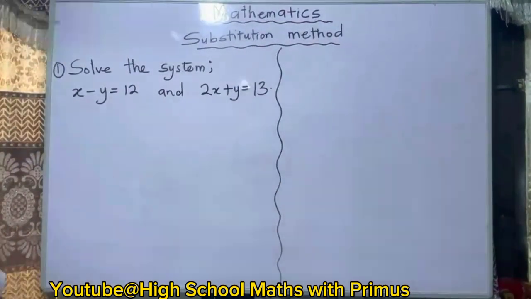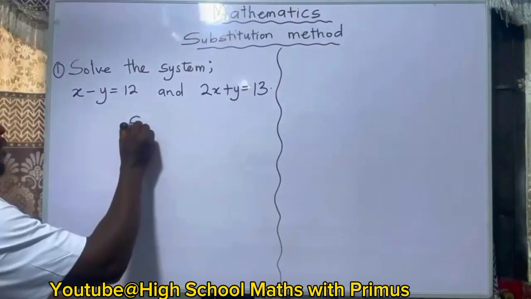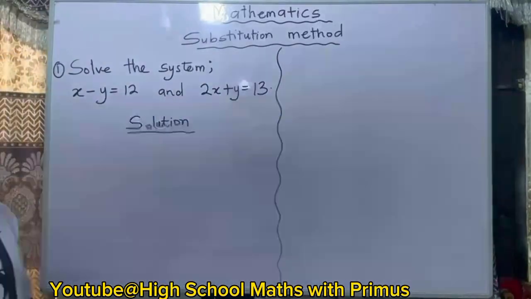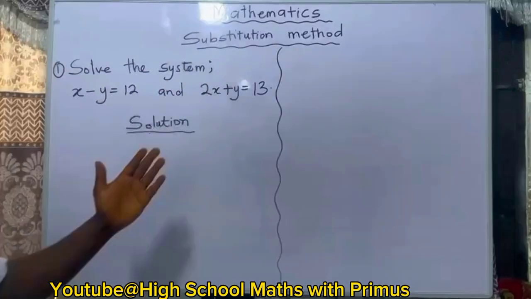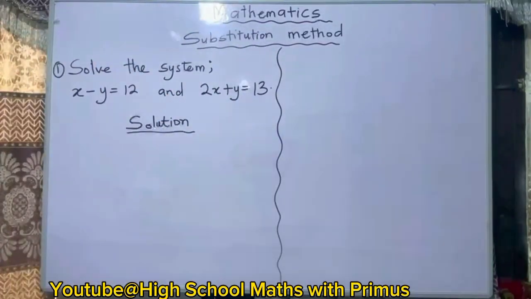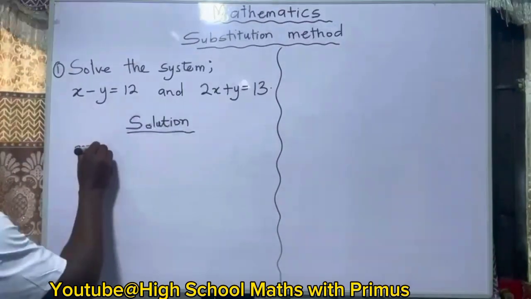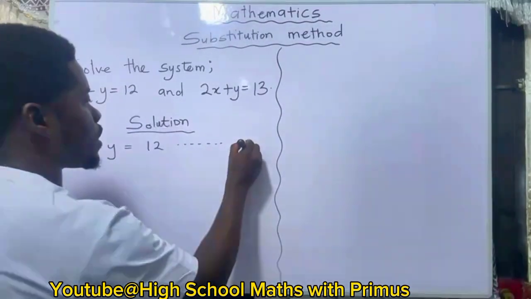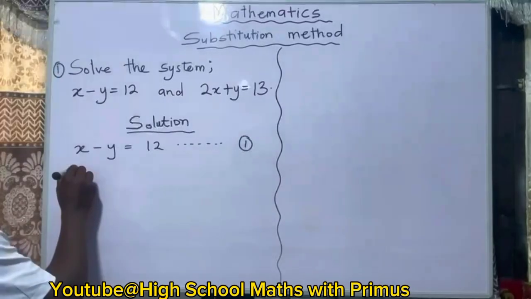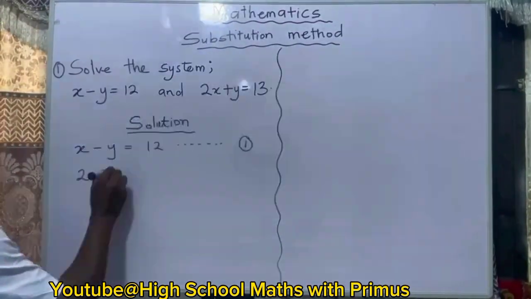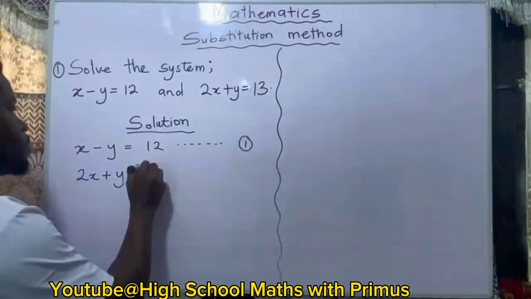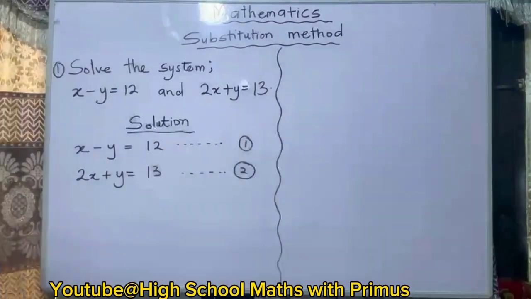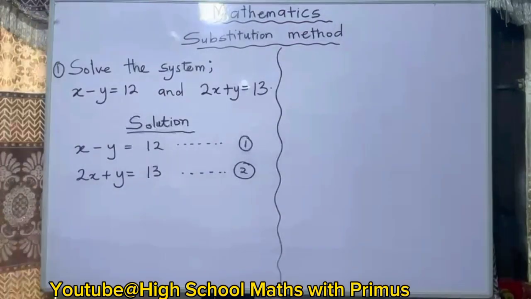To use the substitution method, we first name these two equations, the first being equation number 1 and our second equation, which is 2x plus y equal to 13, being equation number 2. We just name them like that so that it will be very clear and simple.